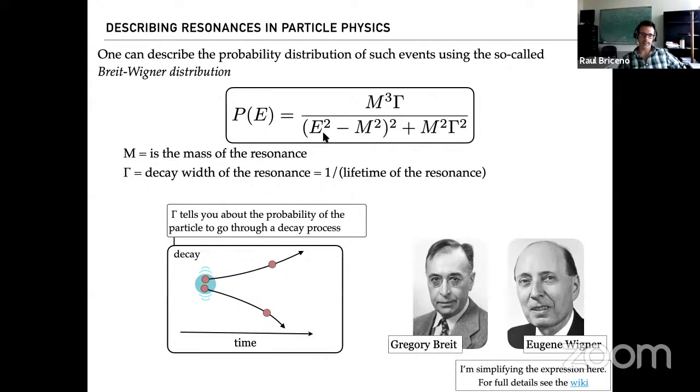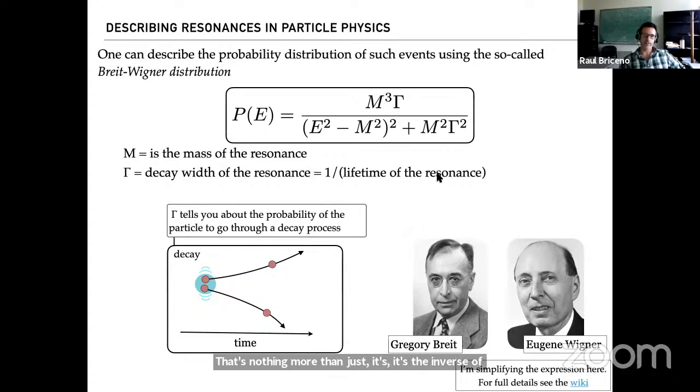And so E is the energy, right? So this is a function of E, right? And M is the mass of the particle, all right? And gamma is another variable, which is known as the decay width of the particle. That's nothing more than the inverse of the lifetime of the particle.